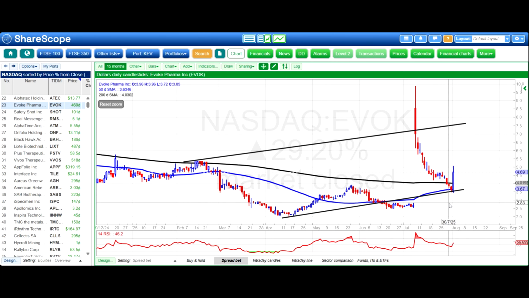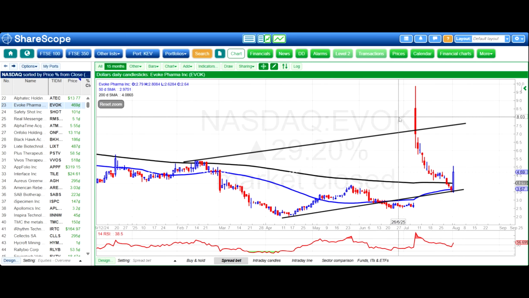What's interesting is there's been a sharp rebound above the floor of the gap there around $2.85. So that can be taken as a positive. And while we're above the 200-day moving average around $4, looking for up to a retest of $7.60 at the top of that channel by the end of next month.